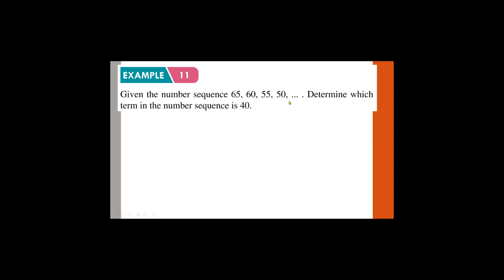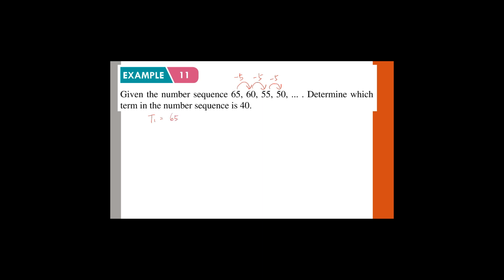So first of all, before you start, you need to find out the pattern first. How is the pattern? Very good. Once you find out the pattern, it will be very easy for you to determine already. So next thing, you list out the terms one by one. Okay, what is term 1? Term 1 is 65.